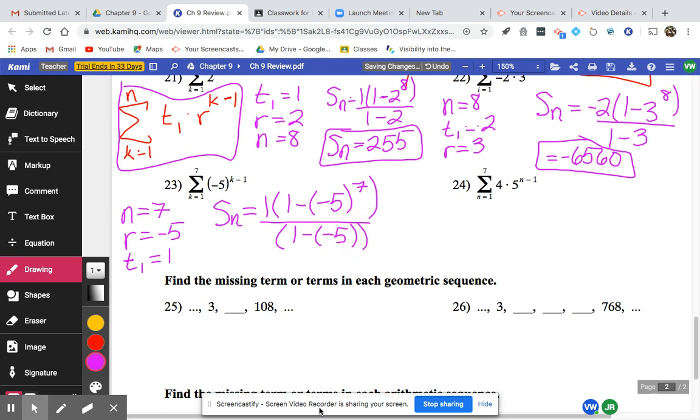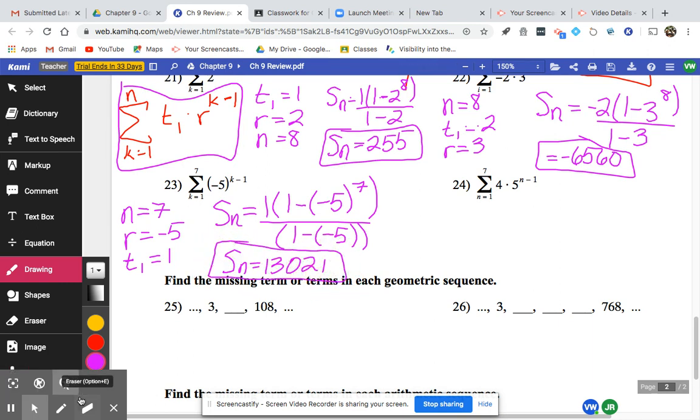There's a lot of parentheses there, I know. But this is the surefire way to not confuse your calculator. Otherwise, you're going to end up with a weird looking answer and it's not going to match what we have on the key. So if you plug it in like this, you're going to get 13,021. Be careful plugging that in. Like I said, that one can be no bueno.